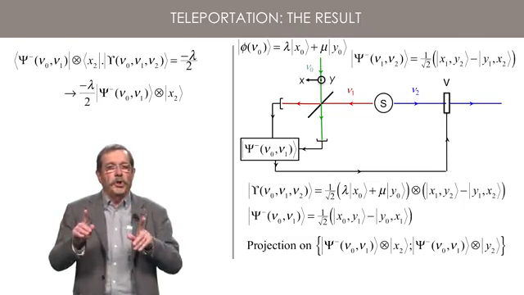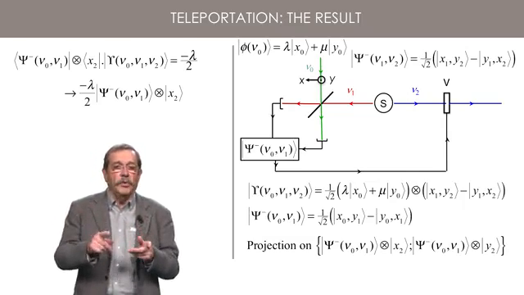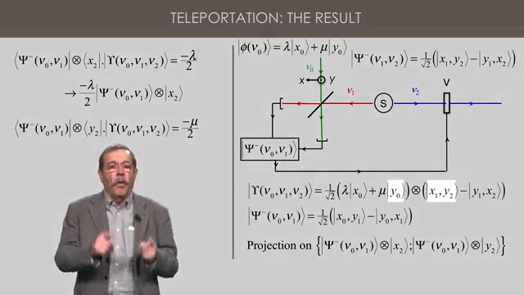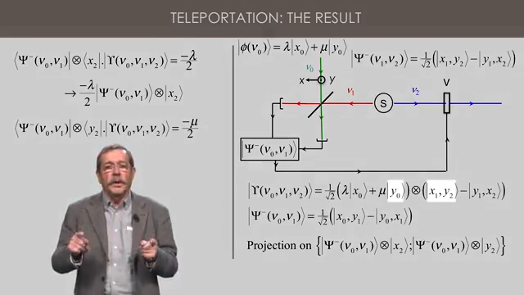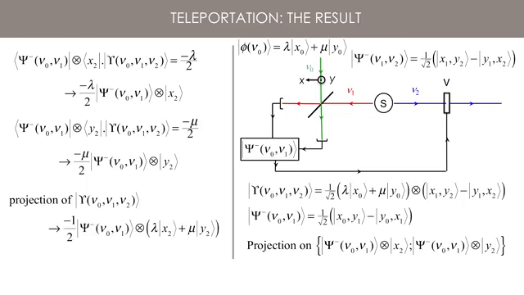Similarly, the projection on psi minus of nu0, nu1 times y2 has one term only, associated with y0, x1, y2 in epsilon. The projection yields the state psi minus of nu0, nu1 times y2 with the coefficient minus mu over 2. The total projection of epsilon returns the sum of these two partial projections.